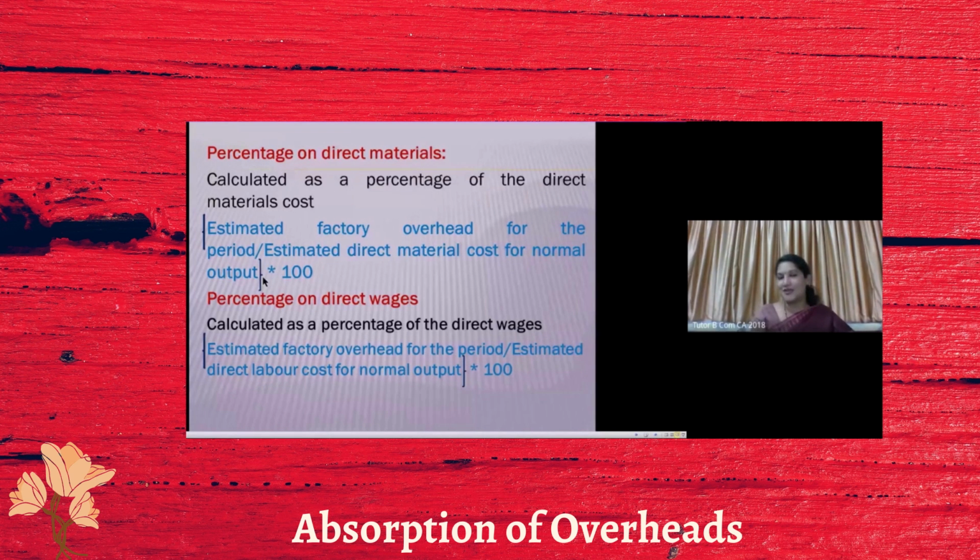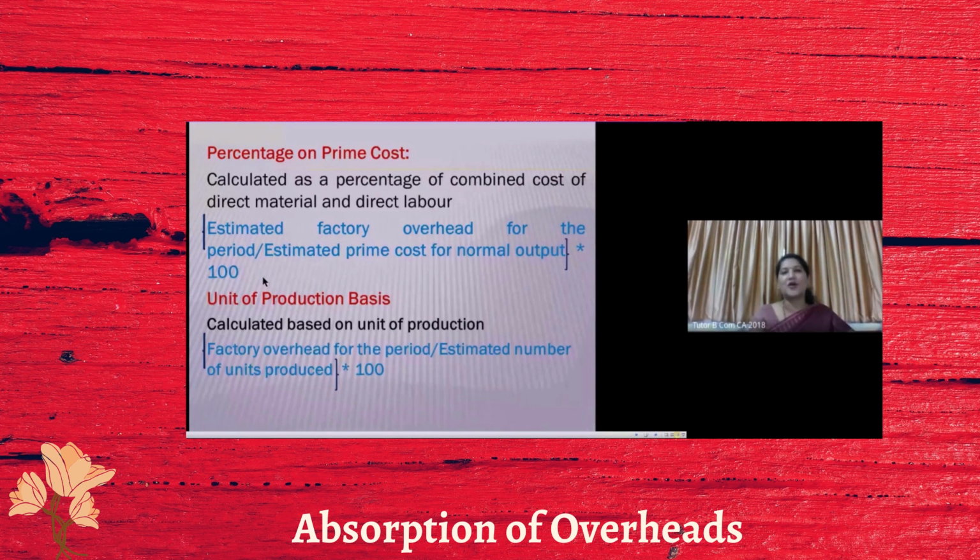When it is on percentage of direct wages, the numerator remains the same, but the denominator would be on the basis of direct labor cost or your wage cost. The labor cost would be the basis of computation. So the denominator, there is a change, that would be taken as direct wages or labor cost. Okay. And then we are talking about prime cost. Of course, we will take the direct material, direct labor, direct expense, if any are there, that would be taken as prime cost.